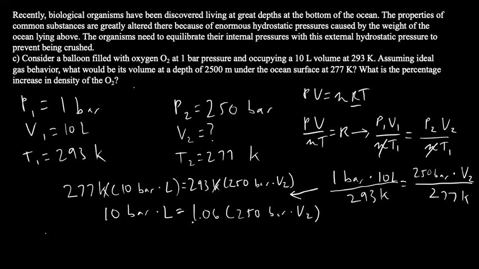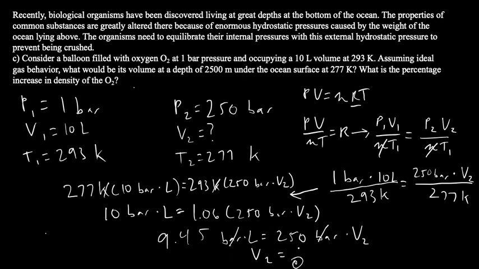So that's 10 divided by 1.06, which is 9.454 bar times liter, equals 250 bar times V2. And bars cancel out here. Divide by 250, we get V2 equals 0.037 liters. So now we have our volume 2.